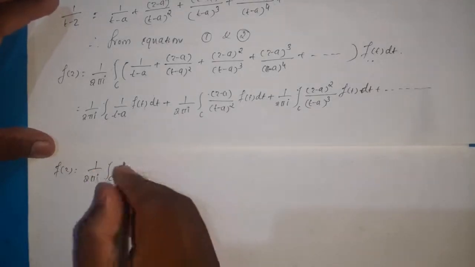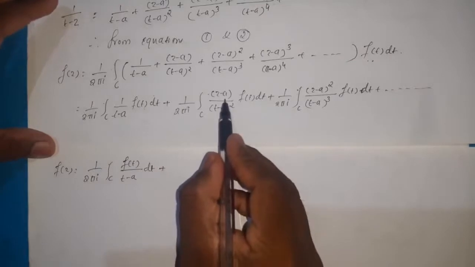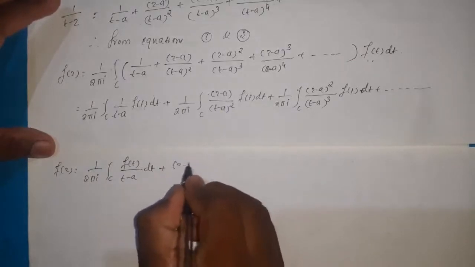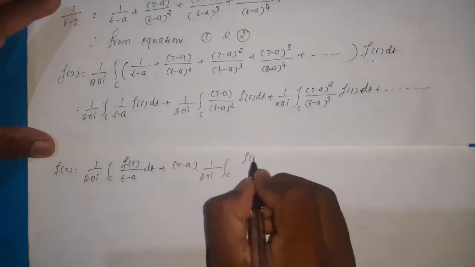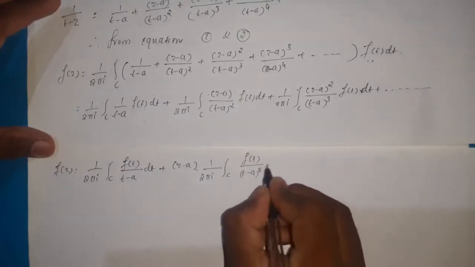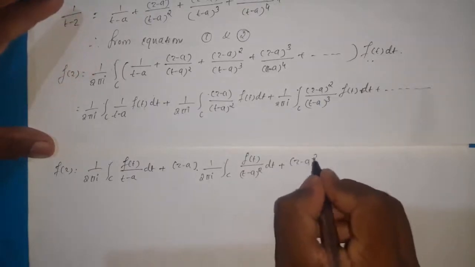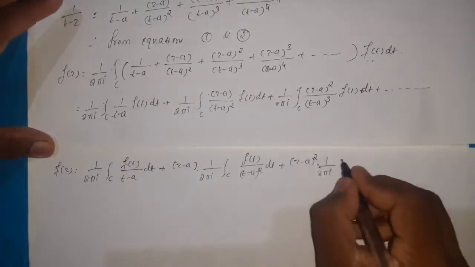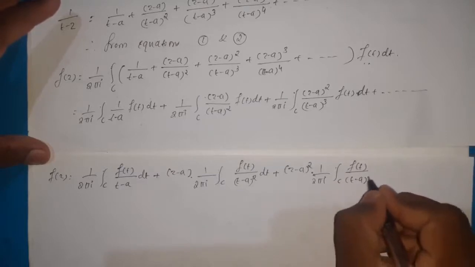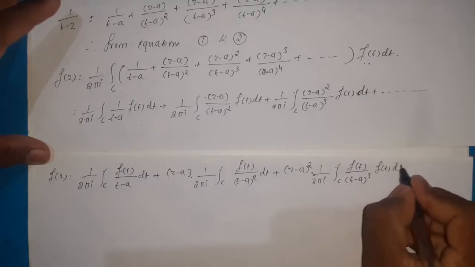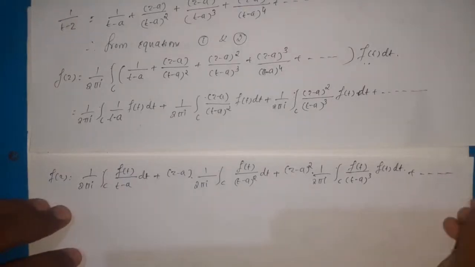There is no z term, so no problem, it is f of t divided by t minus a dt, plus, here we have z minus a, so we can write that outside the integral sign, z minus a into 1 by 2 pi i integration over c f of t divided by t minus a whole square dt, plus z minus a whole square, 1 by 2 pi i integration over c f of t divided by t minus a whole cube dt, and so on up to infinity.